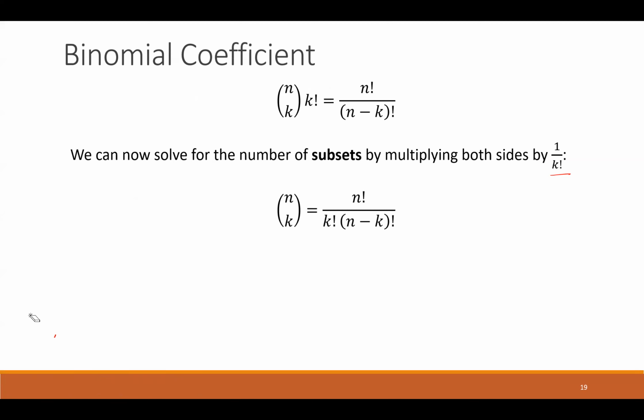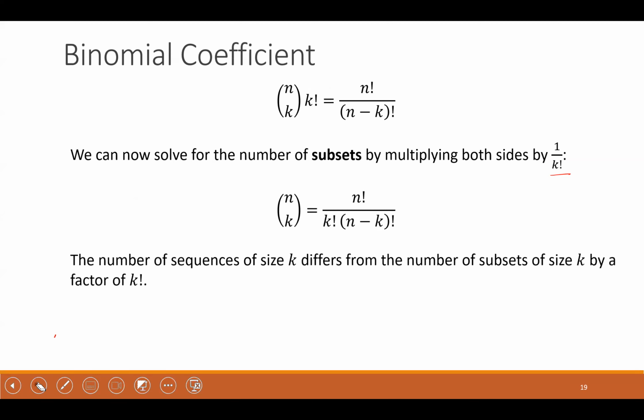And that's a lot of math, which is important, but just generally speaking, if we're moving between something that doesn't have any order and something that does have order, the difference in the number of those things is, in this case, k factorial, right?